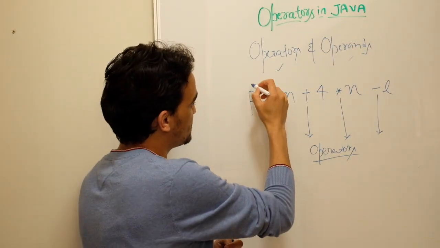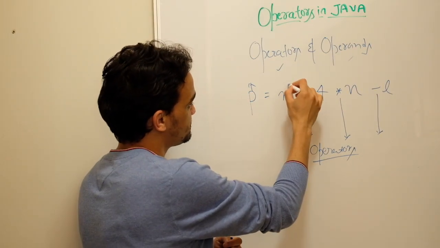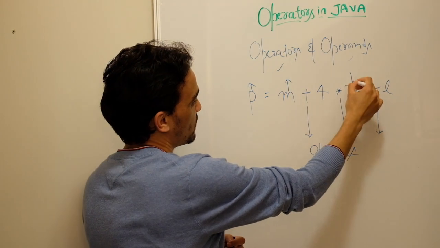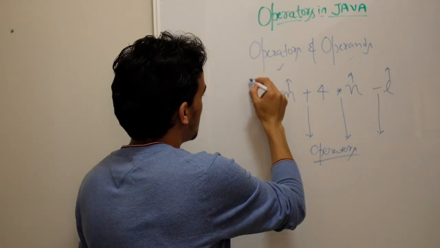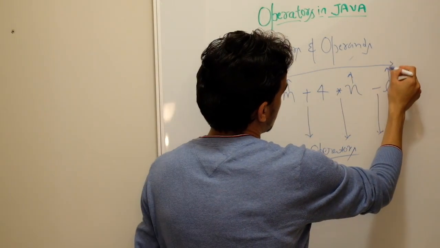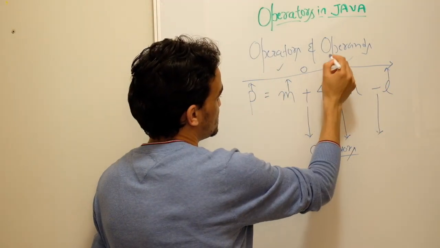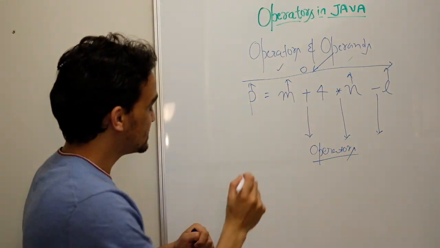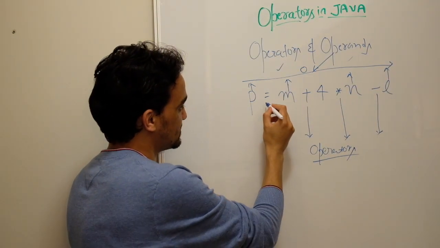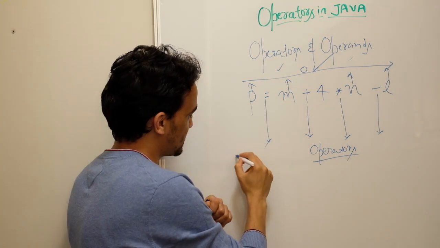And the variables you see here, like the p, m, n or l, these variables or values are nothing but the operands. And the equal to sign here is nothing but the assignment.